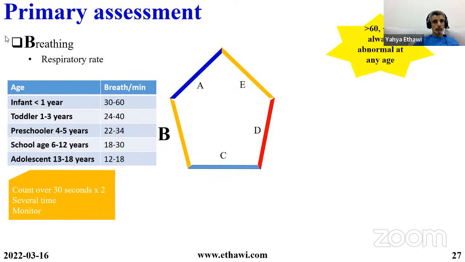For the purpose of primary assessment, we do not need a true number. We just need above 60, meaning tachypnea, or below 10, meaning bradypnea. And when it's above 60 or below 10, it's always abnormal in any patient from newborn till elderly.